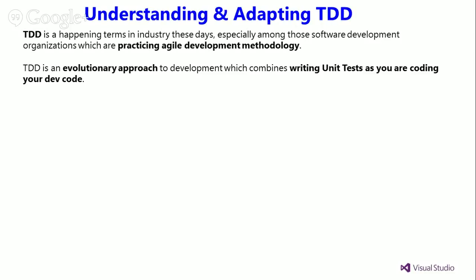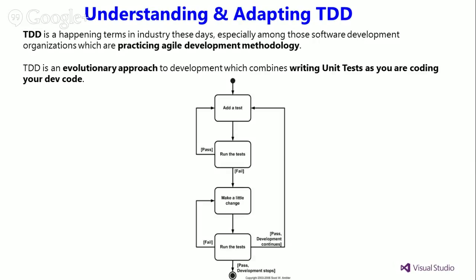Now let's look at the diagram of the workflow of test-driven development. This is a very simple diagram. Normally, you add a test based on a functionality which you are going to write or have written. You execute the test.